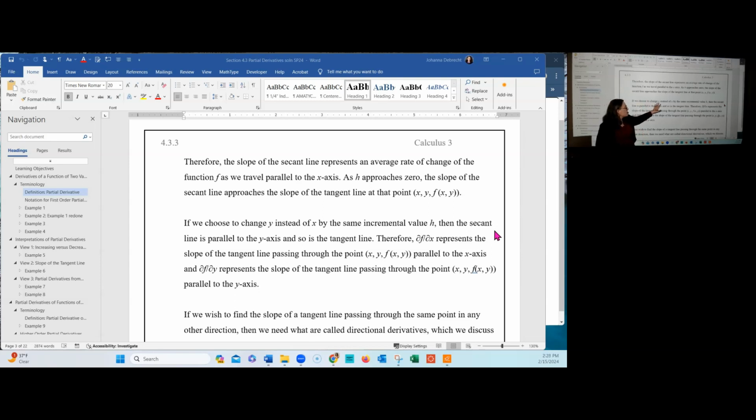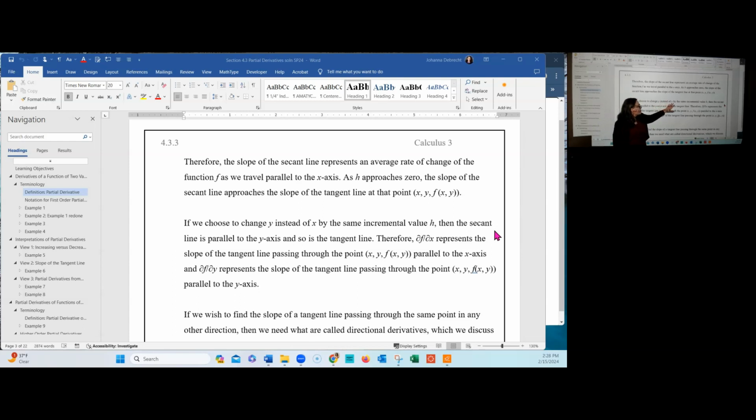If I choose to change the y value instead of the x, so in my example, 3, 5, 10, I would leave x at 3, but I would vary the 5. I could make it 4.99 or something like that. I can vary it in either direction. Or I could make it 5.01.